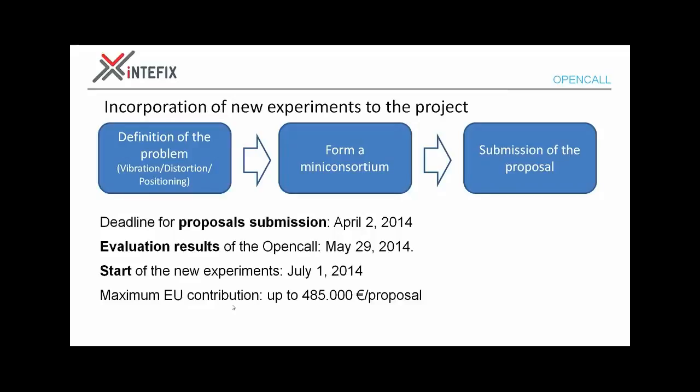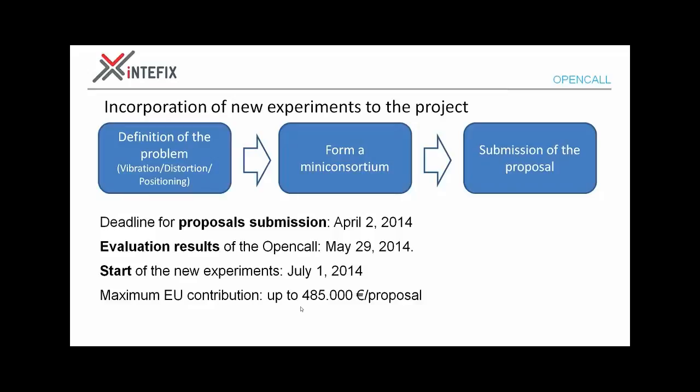So, as we expect at least 3 new case studies, the original EC contribution reserved for this is 1.45 million euros. So if we have only three case studies, each one will have up to 485,000 euros.